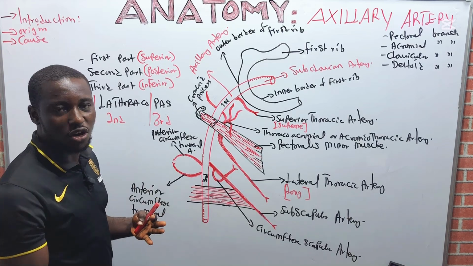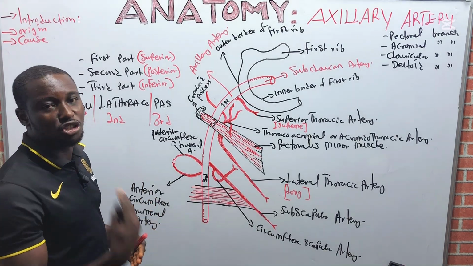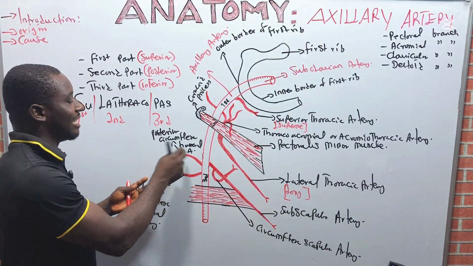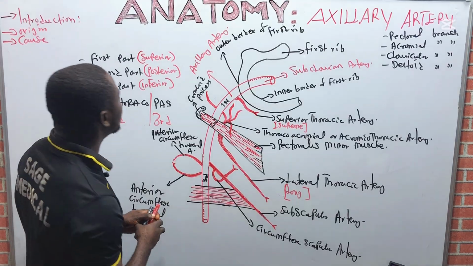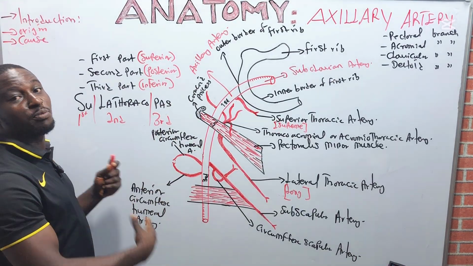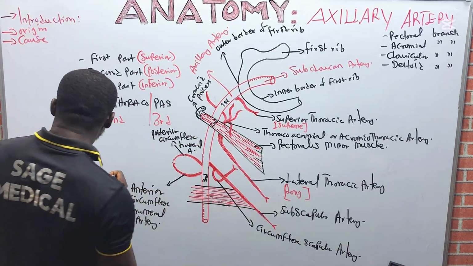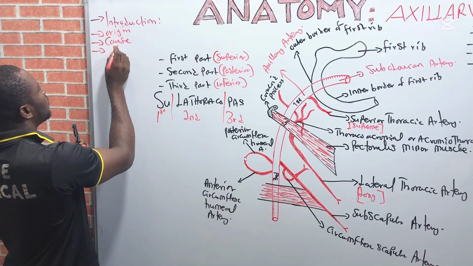It passes posteriorly to the surgical neck of the humerus, where it anastomoses with the anterior circumflex humeral artery to form this arterial circle. So that is how they work. So we have discussed the parts of the axillary artery and its branches. So the next outline is the termination.